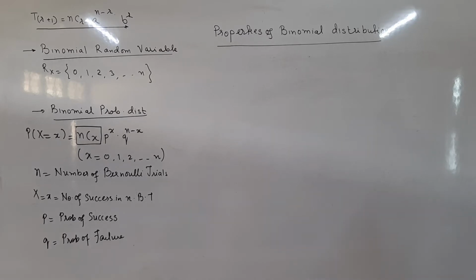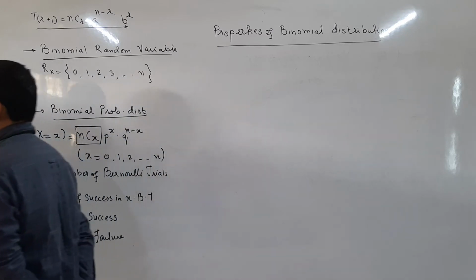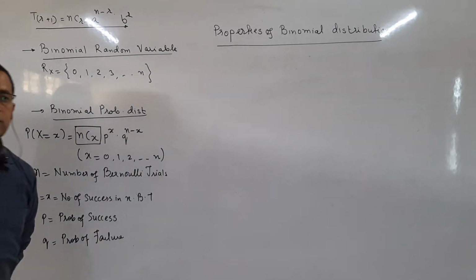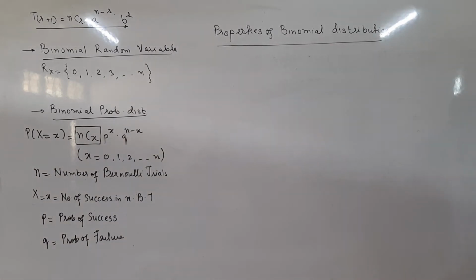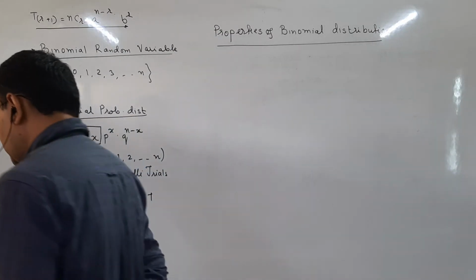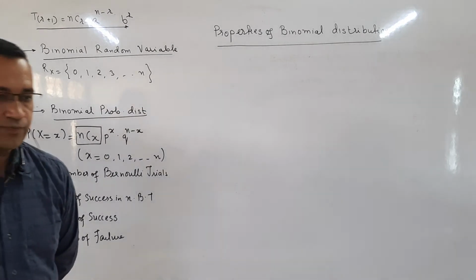A Bernoulli experiment is a random experiment which has only two possible outcomes, out of which one is success and the other is failure. Yesterday we discussed this. Now, students, today's concept is the properties of binomial probability distribution, and based on these properties we will try to do a few short sums.